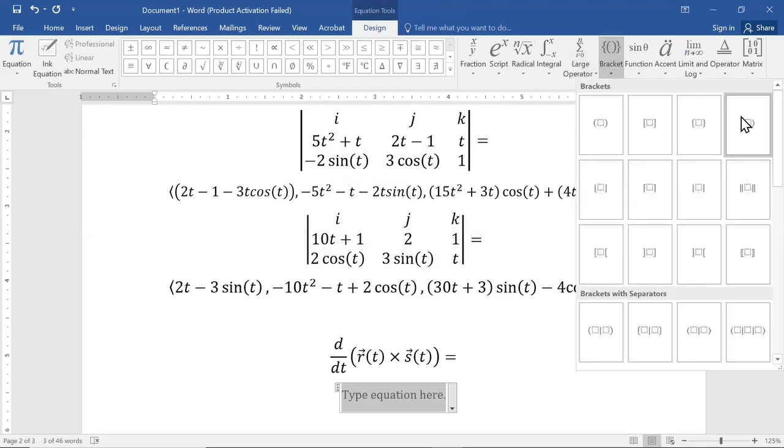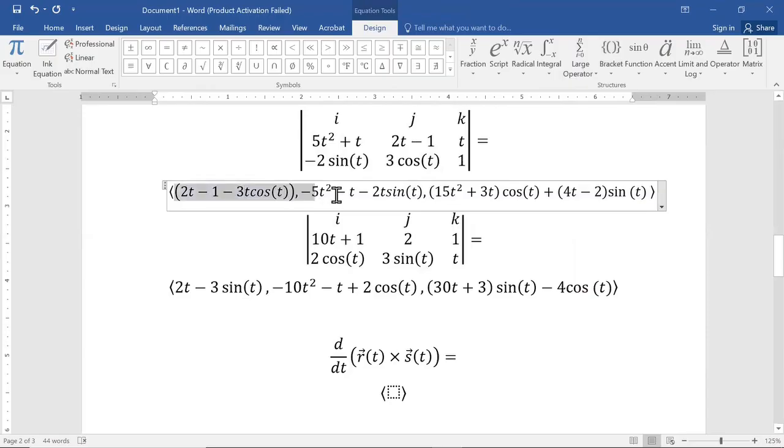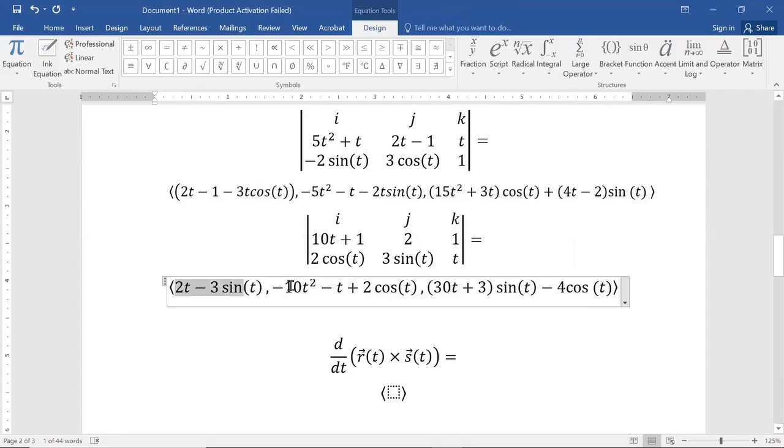So I need to add these two vectors up. I need to add this cross product with this cross product. And it is not going to be an easy thing, but we can add it pretty easy.